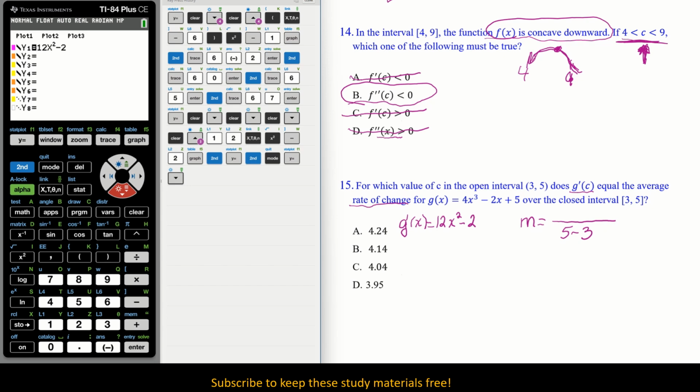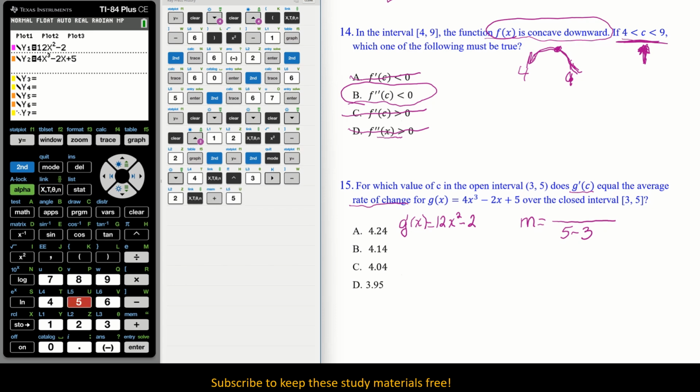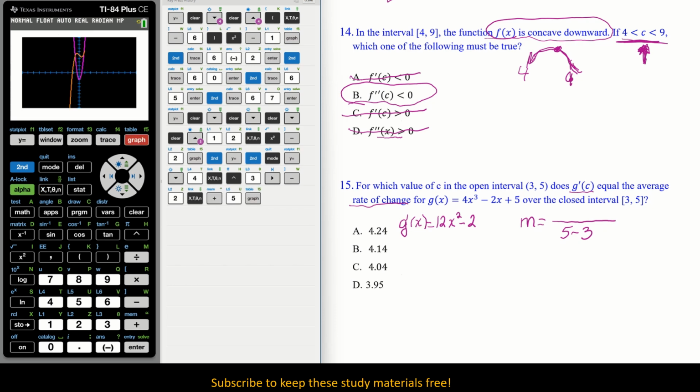We just need him for some values to put in our numerator. So we have 4x carried up to the 3, minus 2x, and then plus 5. Let's graph.